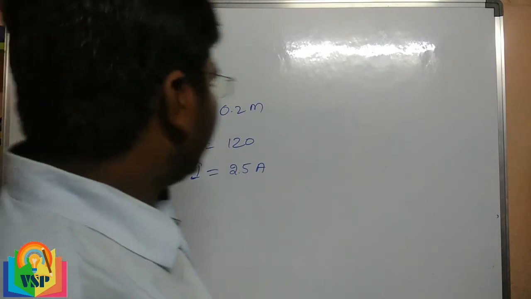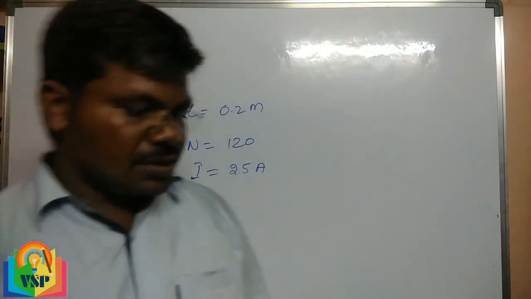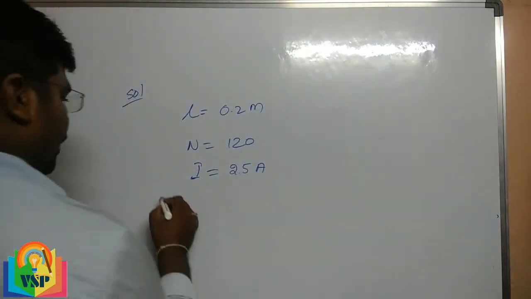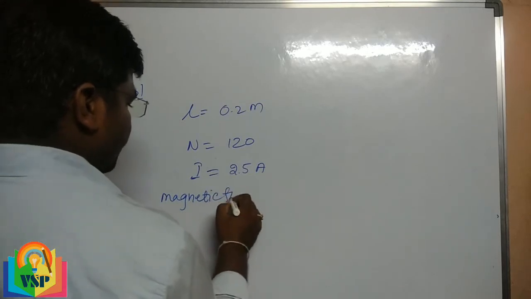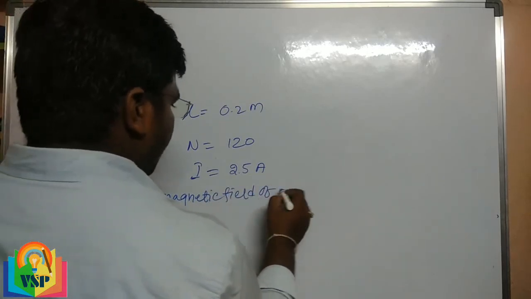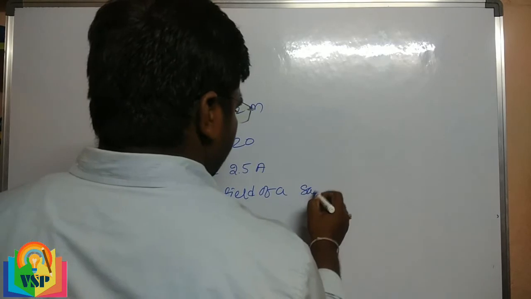By using this data, we have to find the magnitude of magnetic field of a solenoid.